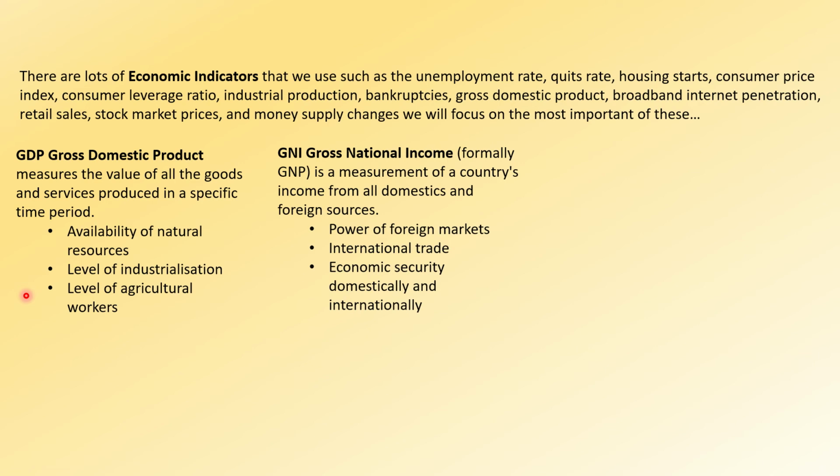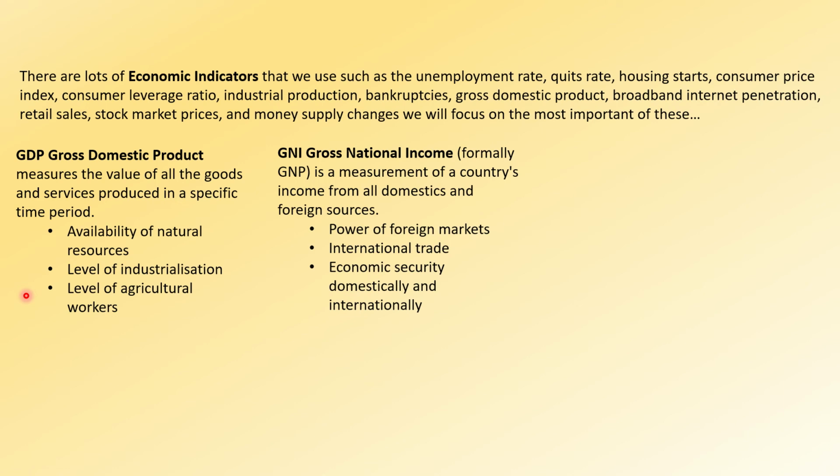Gross national income is a measurement of a country's wealth in much the same way as domestic product is, but it includes not just domestic goods and services, but those that are made beyond the borders of the country as well, internationally.